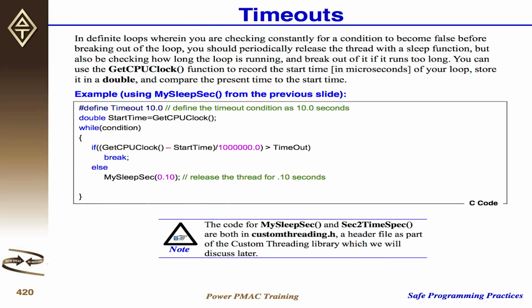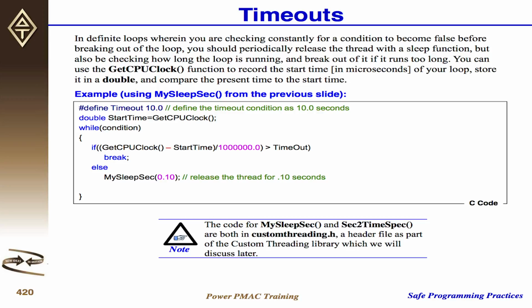So here's an example of creating a timeout. You define your timeout condition. You can put it in a variable or use a pound define. So I do pound define TIMEOUT 10.0, which represents seconds. And then we want to track the starting time before we begin the while loop. You can get the time in C from GetCPUClock.